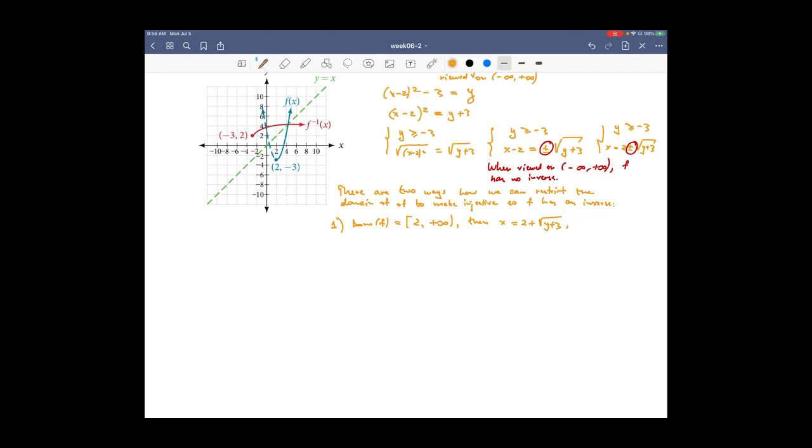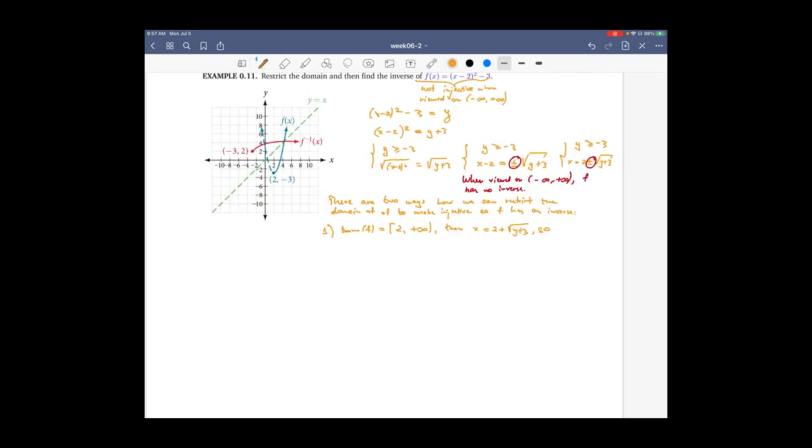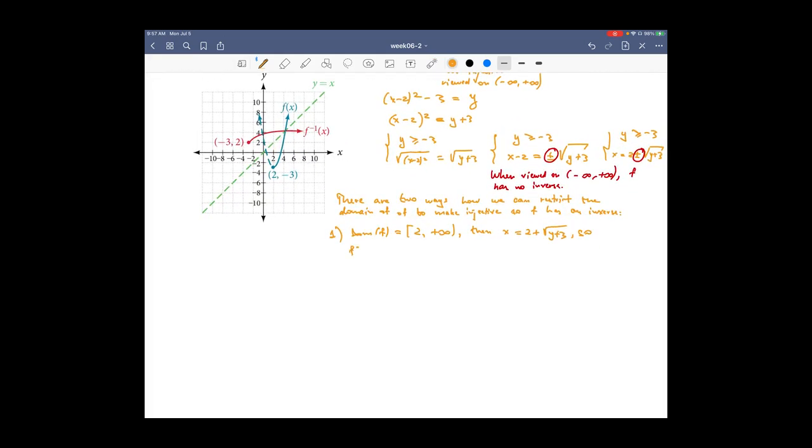In this case, f inverse is 2 plus root x plus 3. x is greater or equal than negative 3. This is the graph in red in the picture. This here in red is the graph of the function 2 plus root x plus 3.